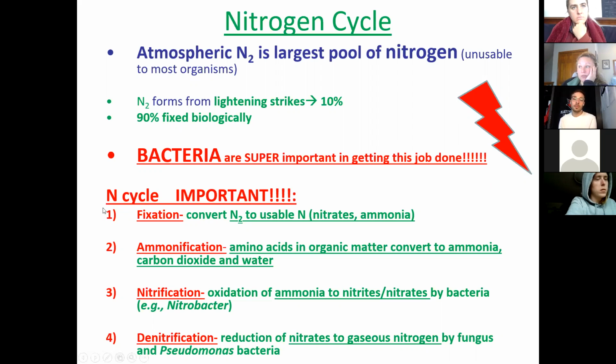The nitrogen cycle is 4 steps, and we're going to stop at the end of this slide. The first one is fixation. You have to memorize this section. When atmospheric nitrogen is fixed, the bacteria are taking N2 gas and converting it into something useful.